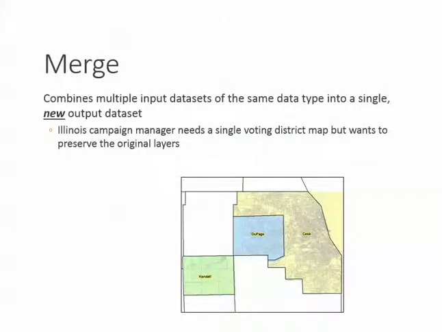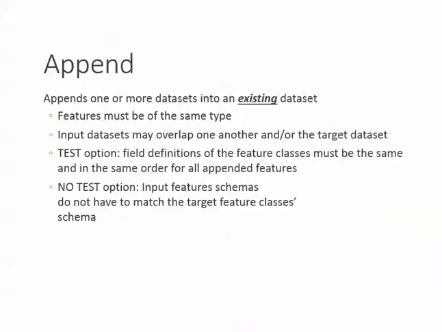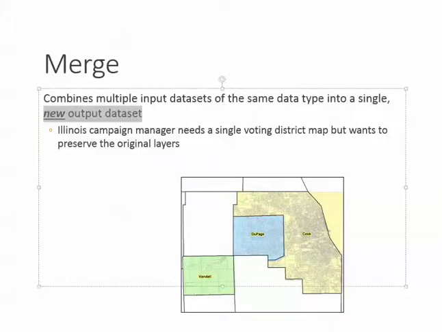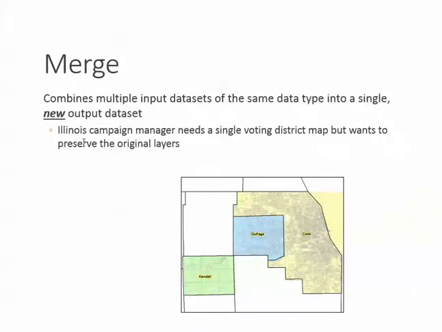The merge tool combines multiple input data sets of the same data type into a single new output data set. So append is one or more into an existing one. Merge combines multiple data sets into a new output. So in this example, the Illinois campaign manager needs a single voting district map but wants to preserve the original layers.